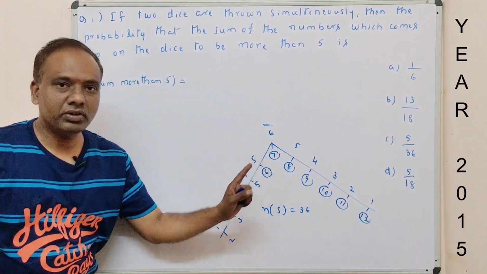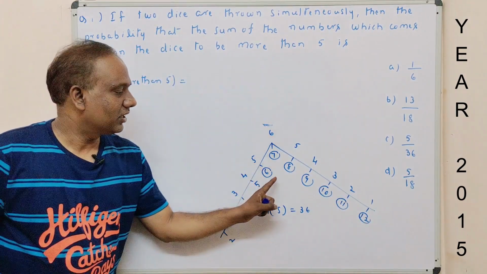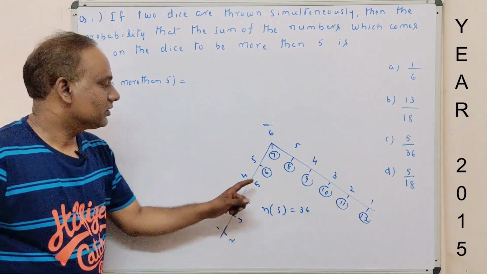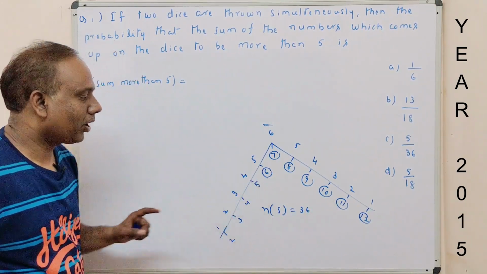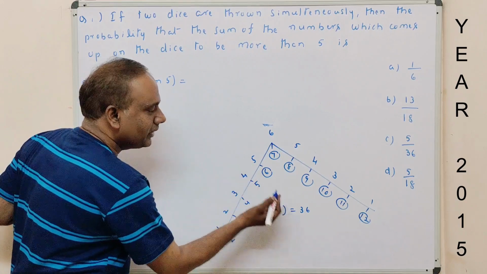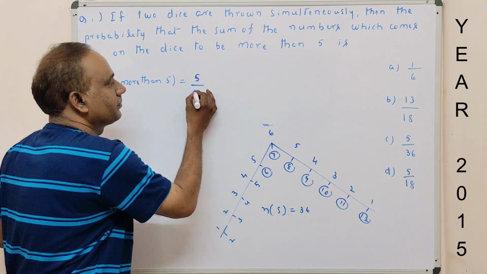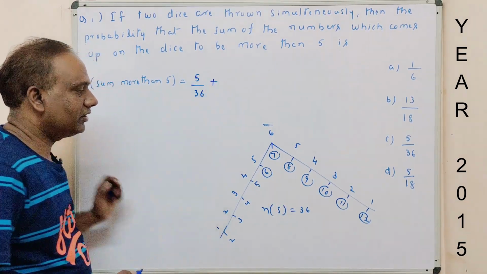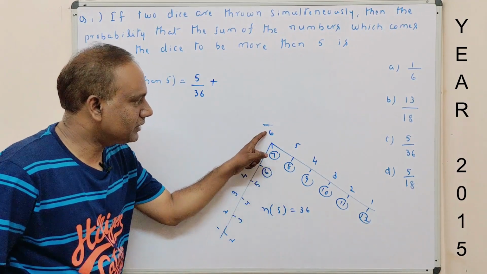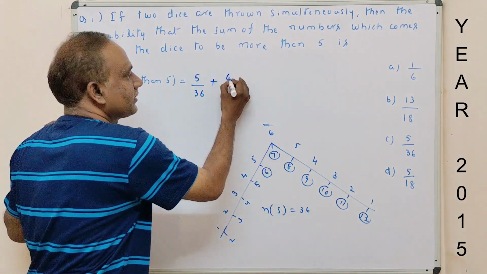Actually, more than 5 means 6, 7 up to 12. The sum of 6 means the probability is 5 by 36, and sum 7 means 6 by 36.